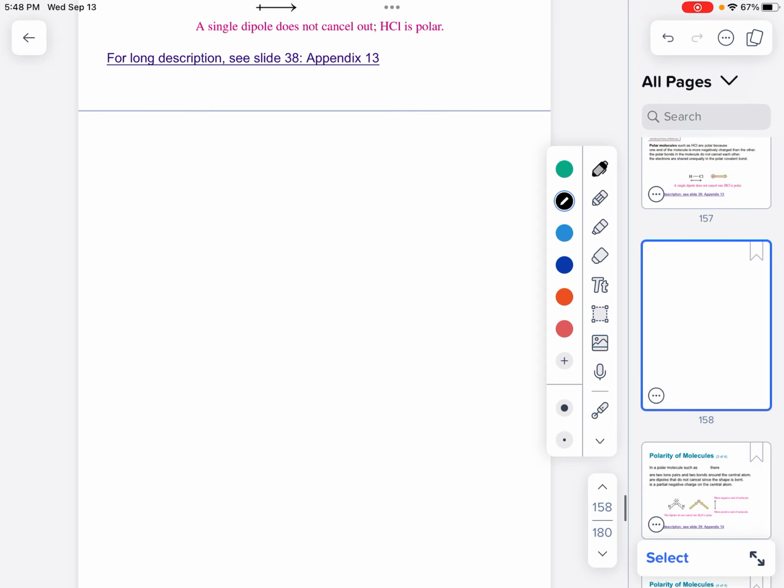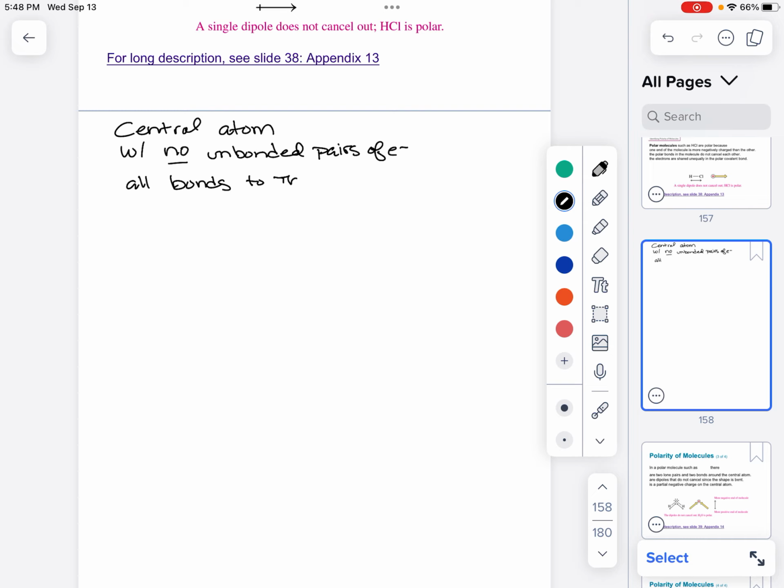If you have a central atom with no unbonded pairs of electrons, and all bonds are to the same atom, this molecule will be nonpolar.